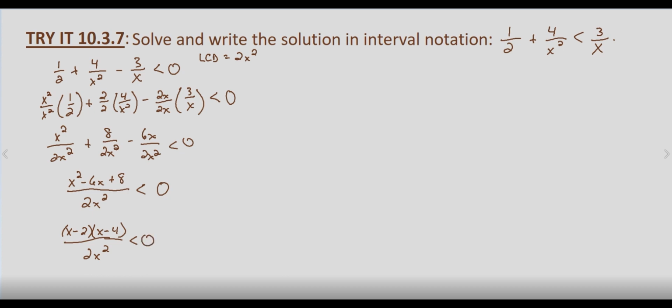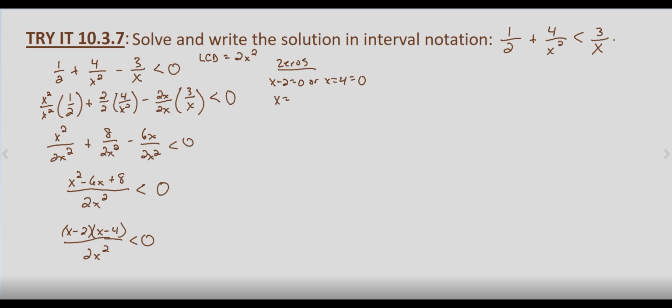So now we find our critical points. Our critical points are where this rational expression that we found on the left is either equal to 0 or undefined. So first off, it's equal to 0, so we'll write down zeros when the numerator is equal to 0. So we have x minus 2 equals 0, or x minus 4 equals 0.